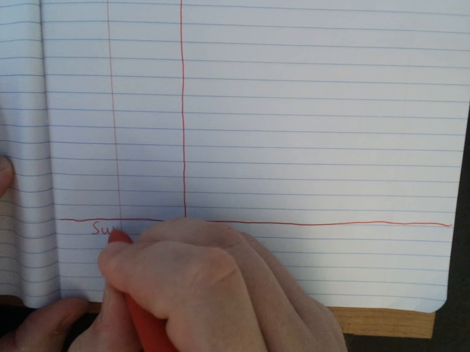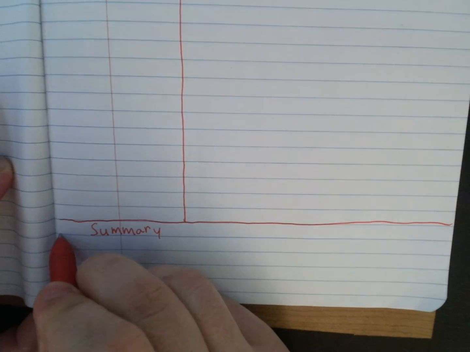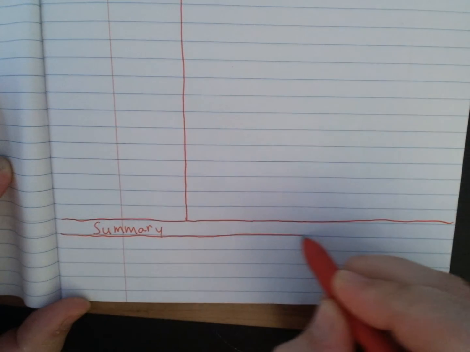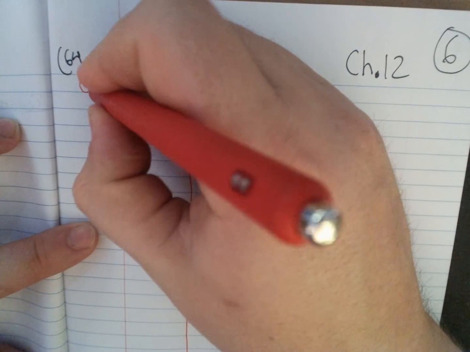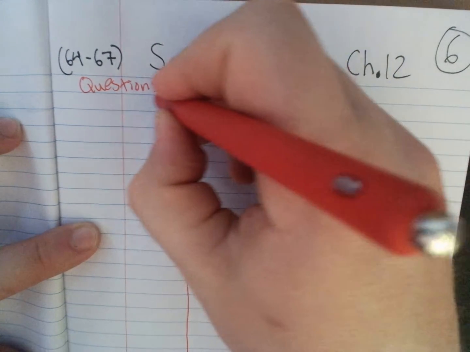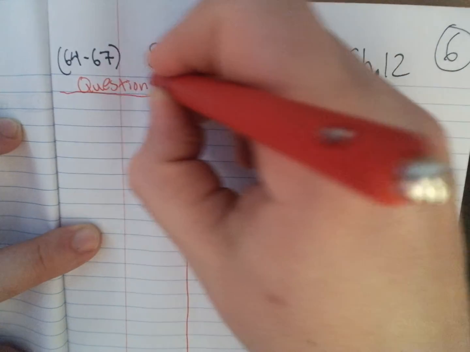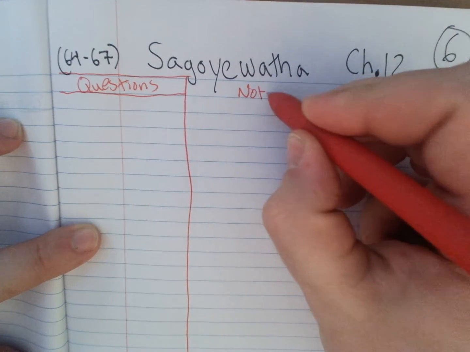Bottom, I'll go ahead and write summary. Put a box around that. And then back at the top, I will label this as questions. And on the right side, I'll label this as notes.